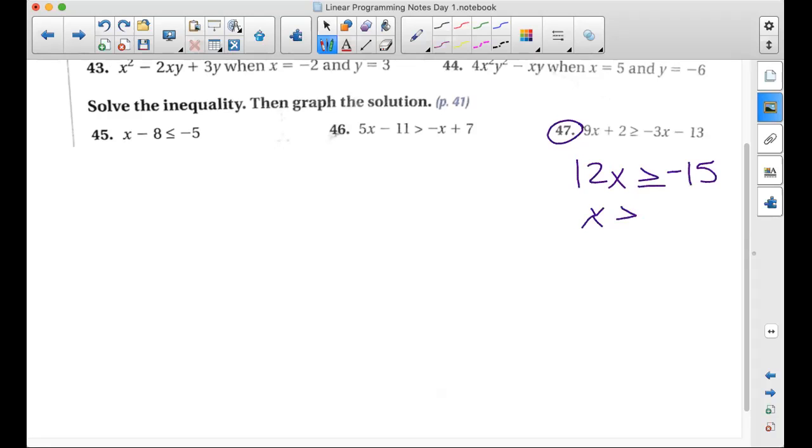So it's x less than or equal to. This is still negative, so we have negative 15 over 12. But what does that simplify to? Jaden? 5 over 4. Good. Negative 5/4. And so then you'll just graph this on a number line.